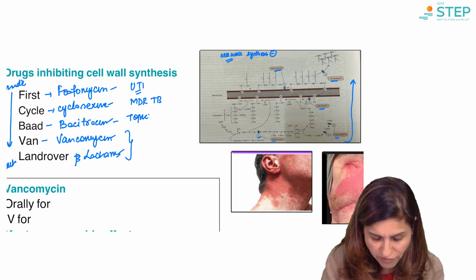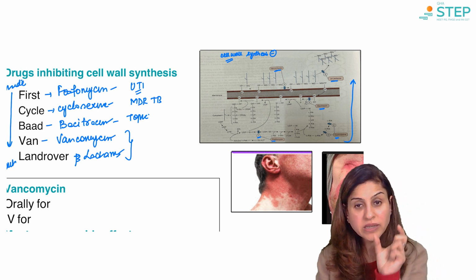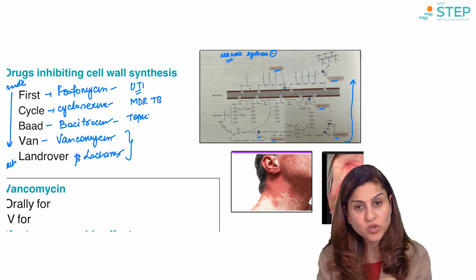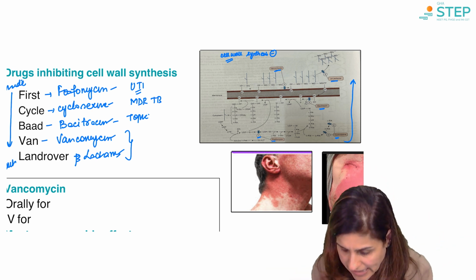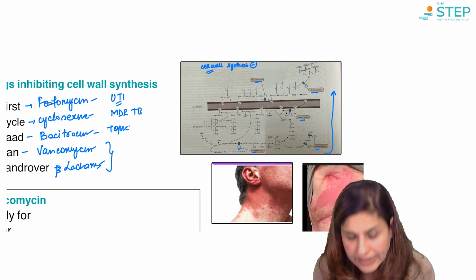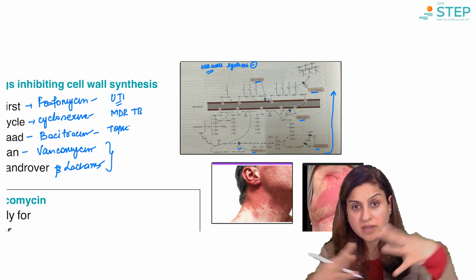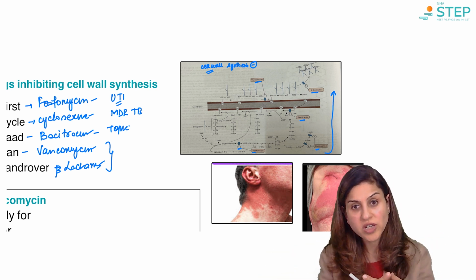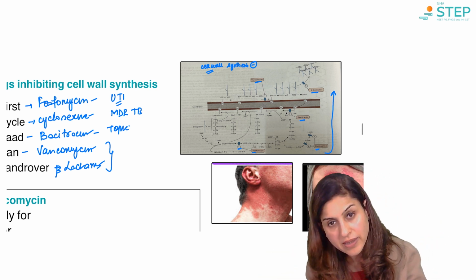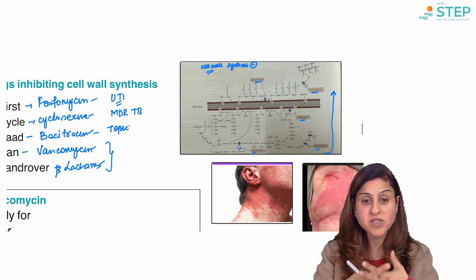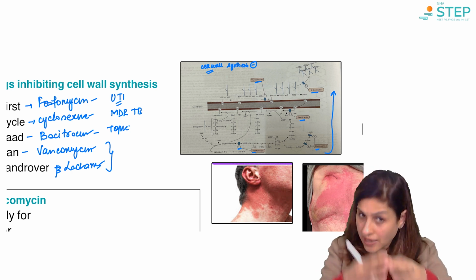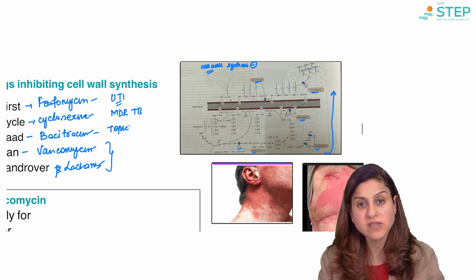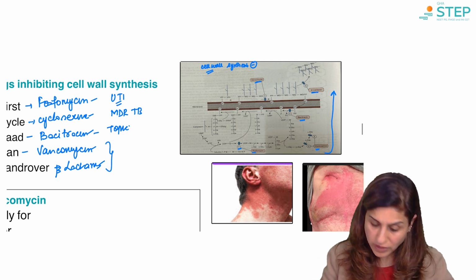So vancomycin binds to the terminal D-Ala group. So then D-Ala is not going to cleave off. The step here, when the terminal D-Ala cleaves, only then is there an interlinking or cross chain being formed in the NAM and the NAG, and therefore the cell wall becomes strengthened. But if D-Ala doesn't cleave off, then there is no way the strands are going to be formed.